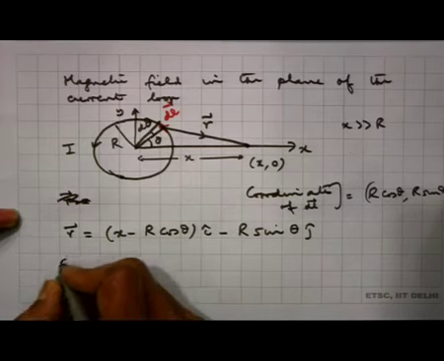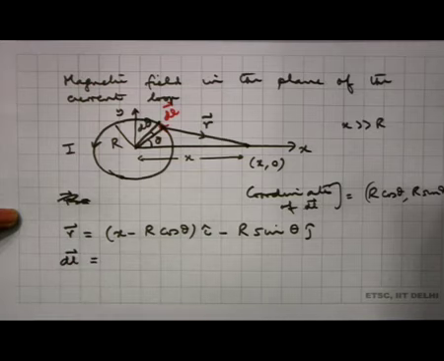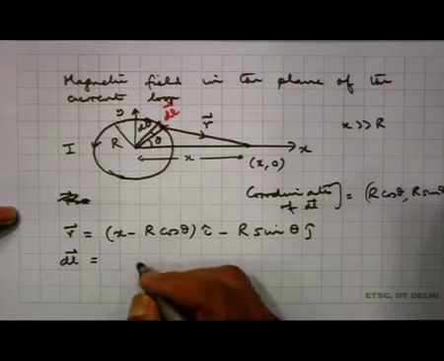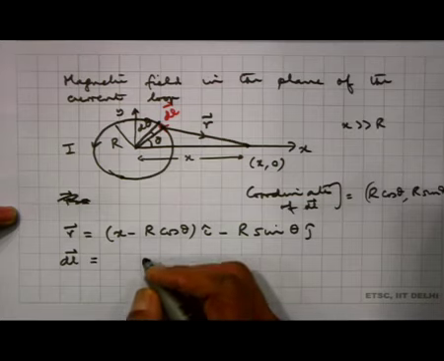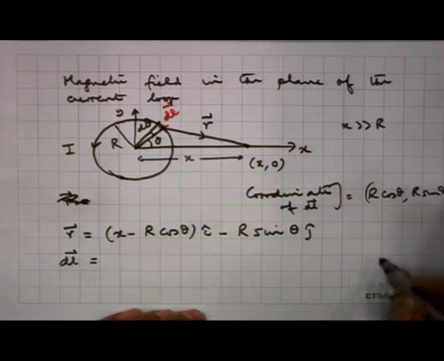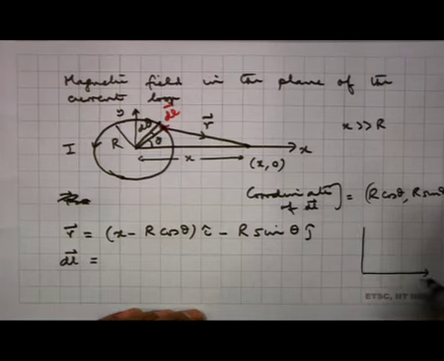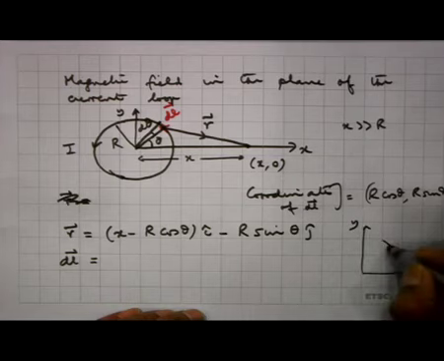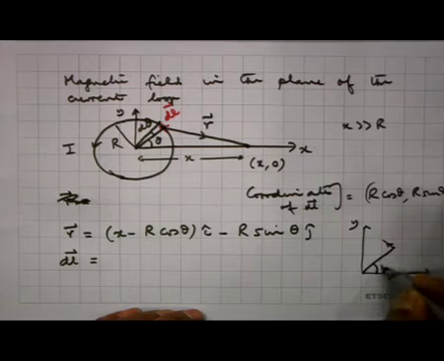I also need an expression for dl because the Biot-Savart law has dl cross r. So, I need to calculate dl. Let me draw a figure here, x y. The dl vector is like this and this angle is theta.